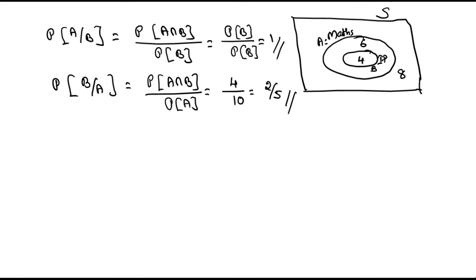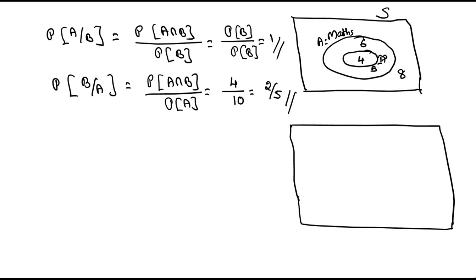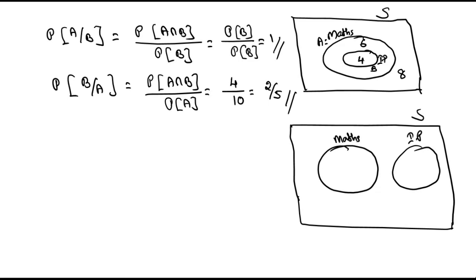Now suppose we take mutually exclusive events. Both maths and IP are mutually exclusive, that means they are separate sets like this. This is your maths, this is your IP. We take this as A and this as B. Suppose this is 2, and this is 6, and there were 4 students.